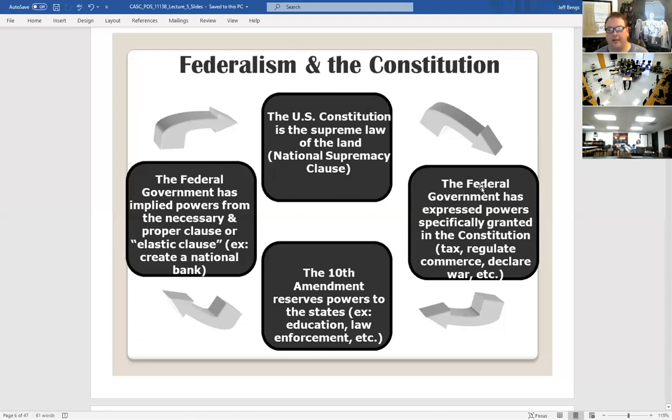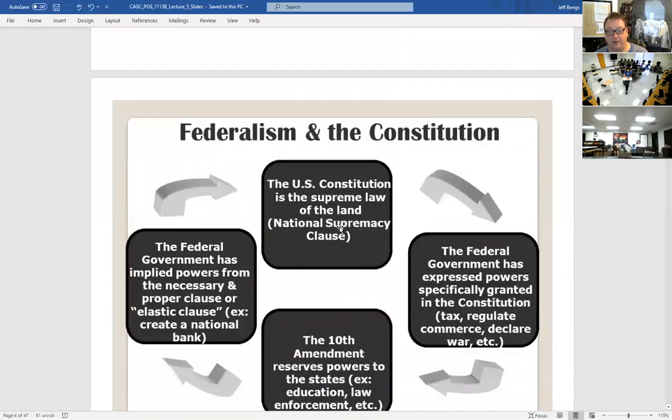So there are expressed powers for the federal government. There are reserved powers for the state government. And then there are implied powers to the federal government, which basically says that the federal government can pass laws that are necessary and proper for the functioning of the country. So that's where we're going to pick up on Monday.